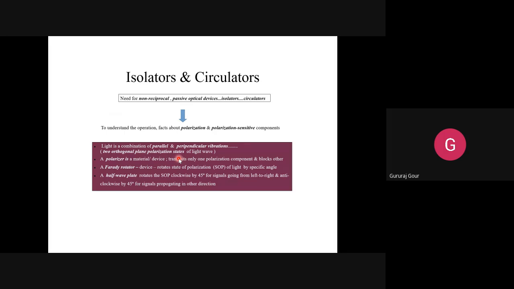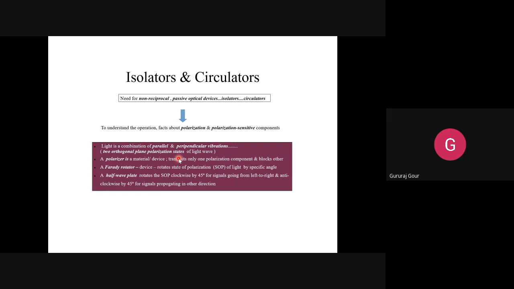So polarization plane or state indicates the orientation or the direction of the E field components, generally in a particular direction in a specific predefined area. So that is known as a polarization plane or a state.